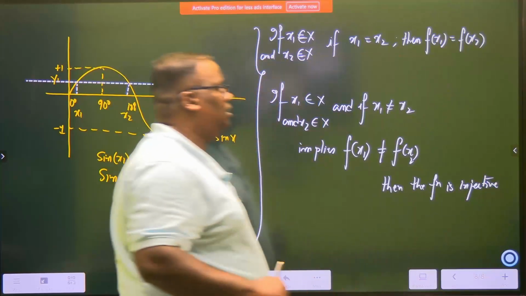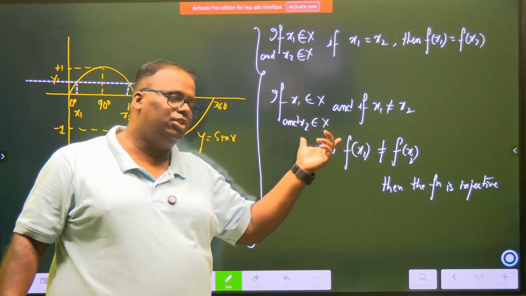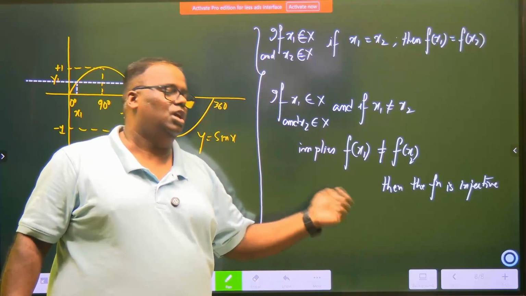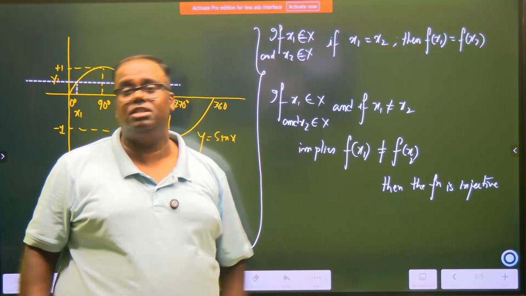See the argument. I took two different inputs, and for each input, the function values are different for both the inputs, then yes, it is an injective function.